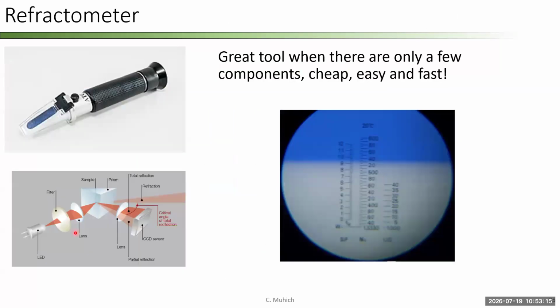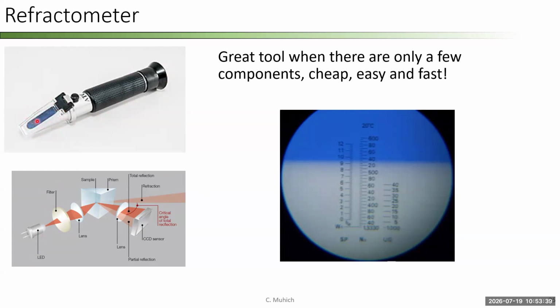All right, so the last technique that I want to talk about is refractometry. In this case, we have a refractometer. This is a handheld one shown here. We have this slip cover and the sample holder.